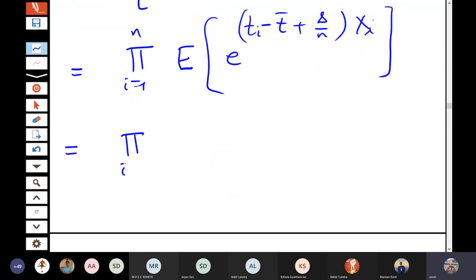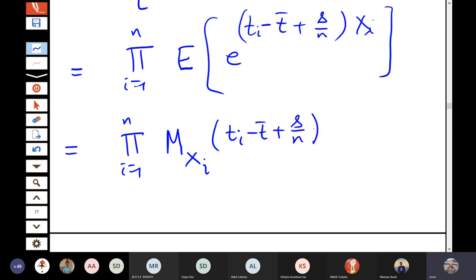So it is the product, i equal to 1 to n, of the moment generating functions of xi at the points Ti minus T bar plus s by n.